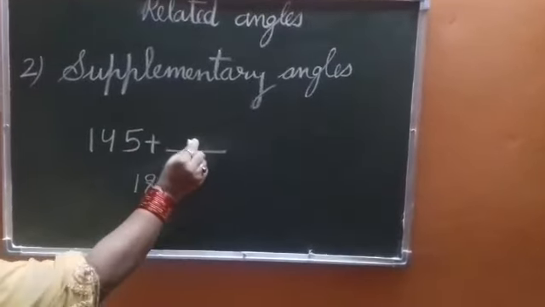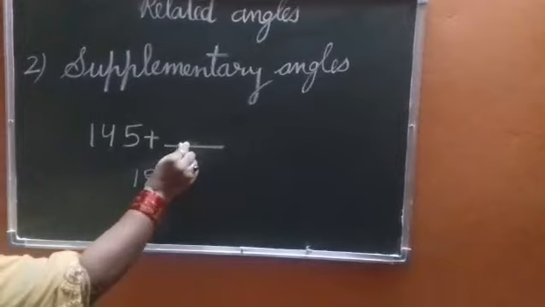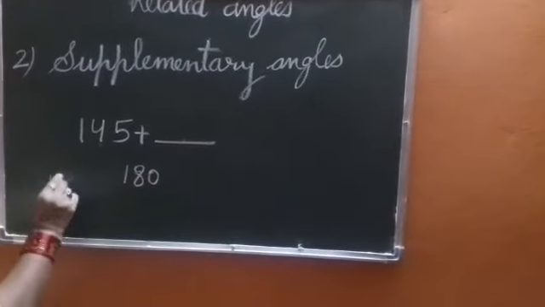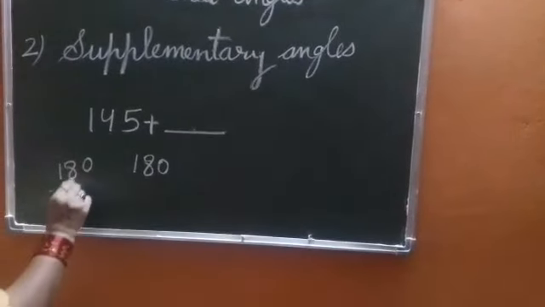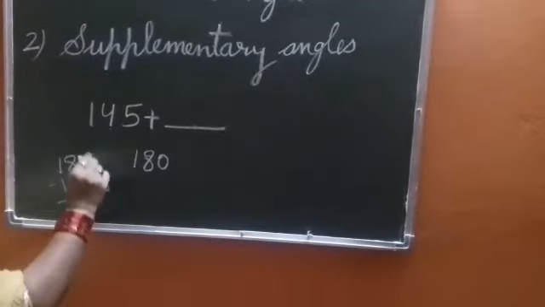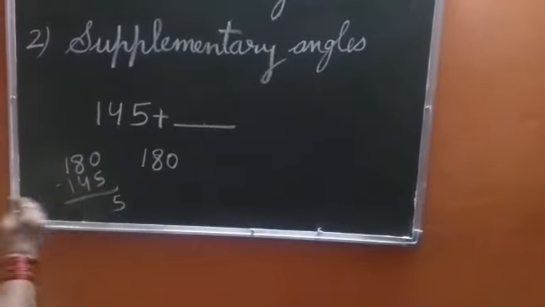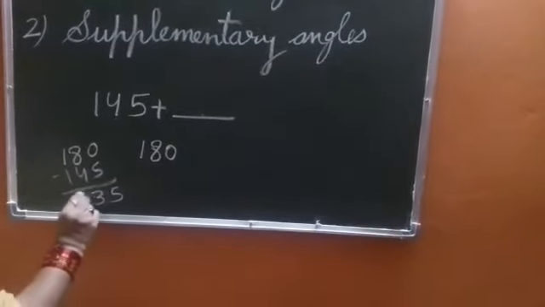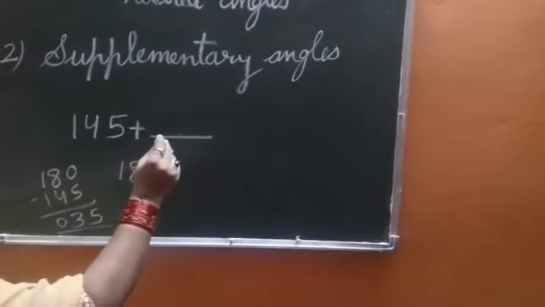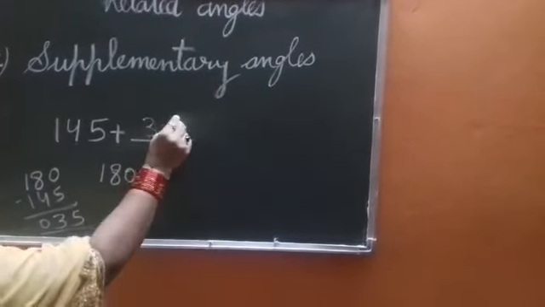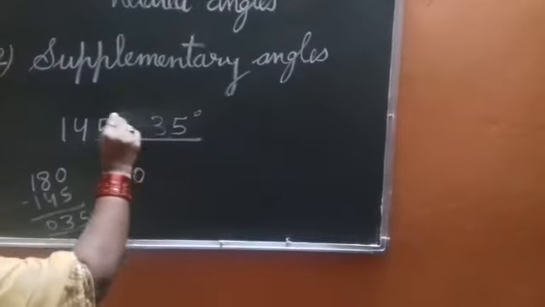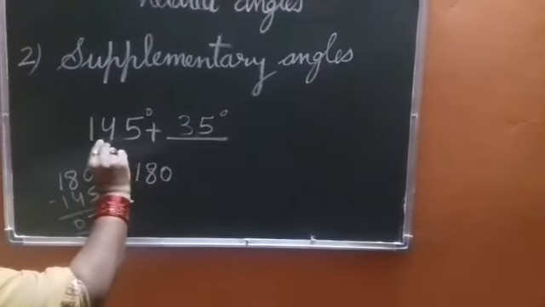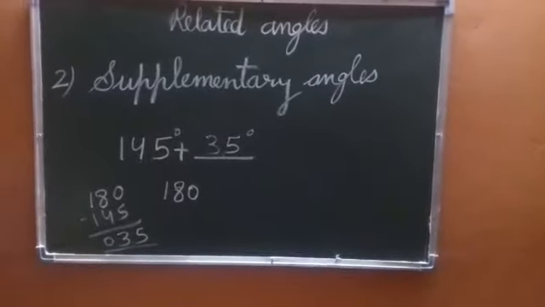So to make this sum equal to 180, what must come here? 180 minus 145. 10 minus 5 will give us 5. 7 minus 4 will give us 3. This is 0. So our answer will be 35 degrees. So 35 degrees is the supplement of 145 degrees, or we can say 145 degrees is the supplement of 35 degrees.